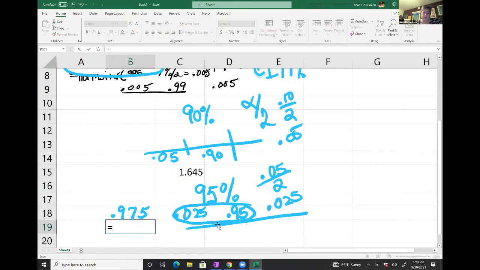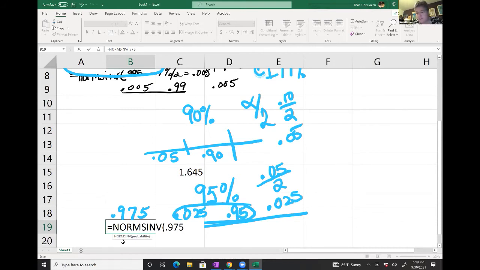Now, equals NORM.S.INV, and we're going to put in 0.975. All right, are you with me so far, everybody?